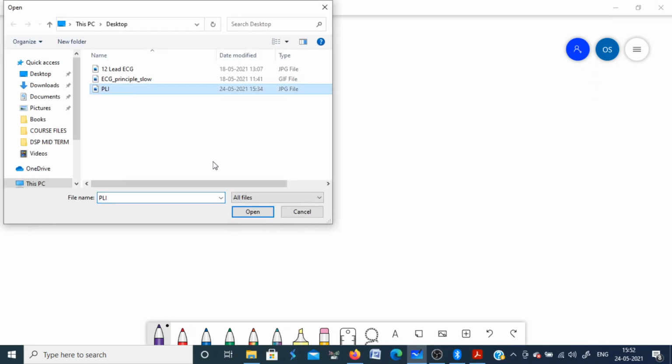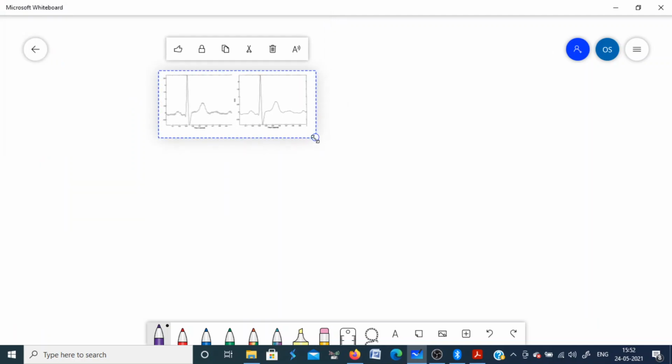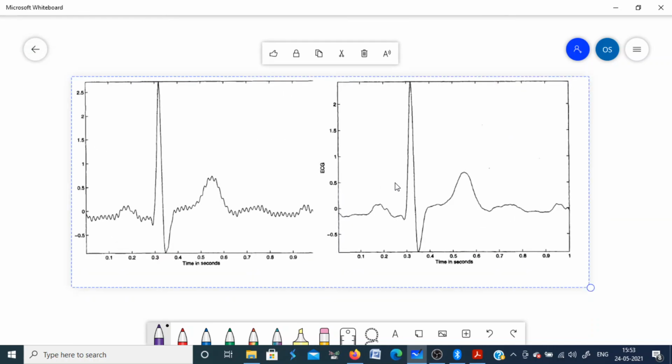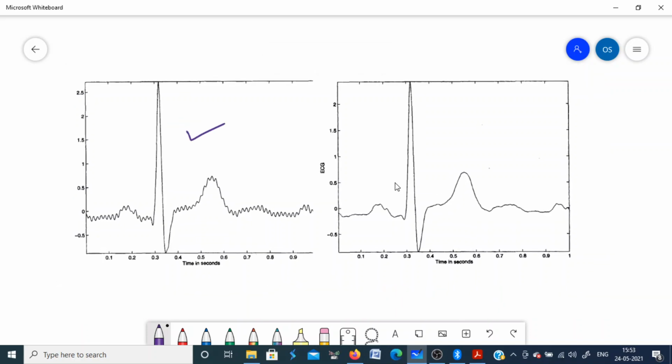I will show you one example where it is shown how this power line frequency is removed from the signal using a notch filter. This is an ECG signal with 60 Hz interference without any harmonics.